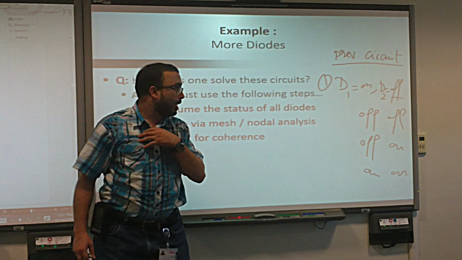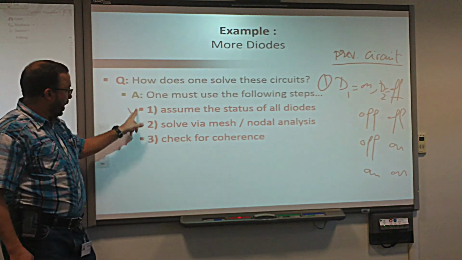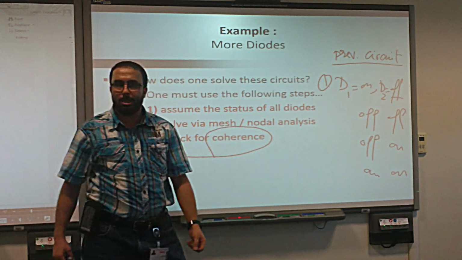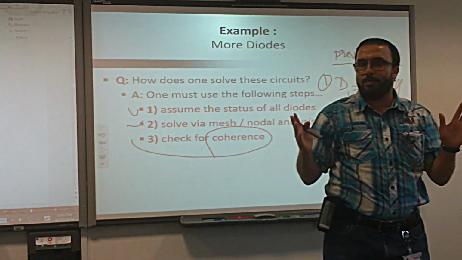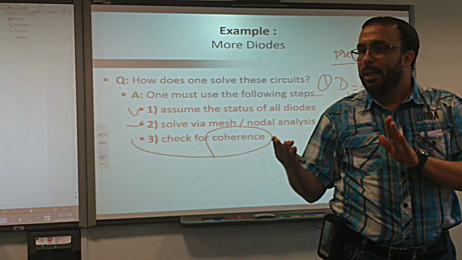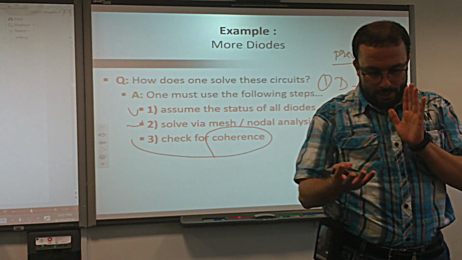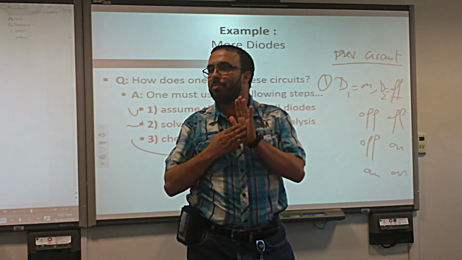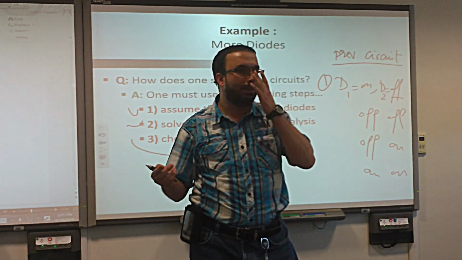And then what do we do? After doing this, we check for coherence. What does coherence mean? Coherence means the results are in agreement with the assumption. There is no contradiction between our assumption and our results.